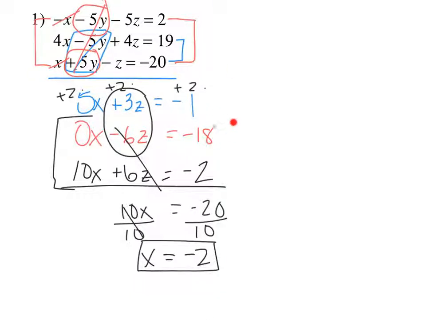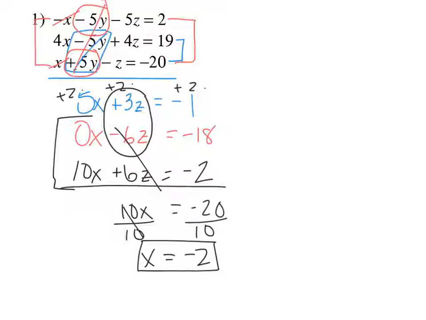So what we just need to do is get it to this point. We did that by getting rid of the y's, leaving us with x and z. Then we chose two different equations to get rid of the y's again, leaving us another equation with x's and z's. That way, when you have x and z twice, you can just use two variable elimination to get it down to 1.